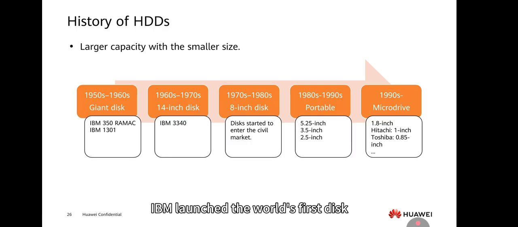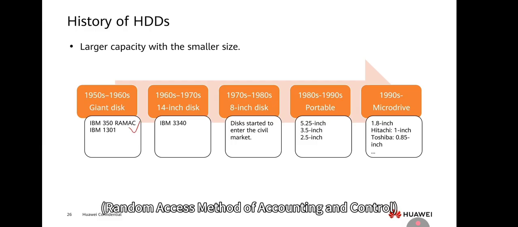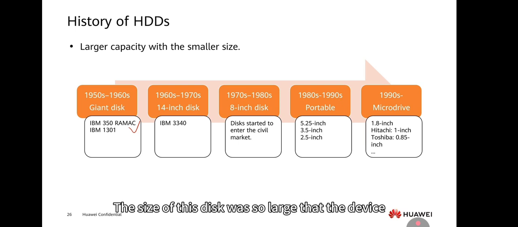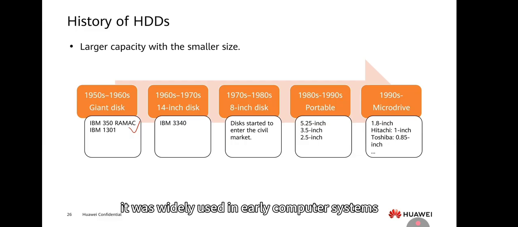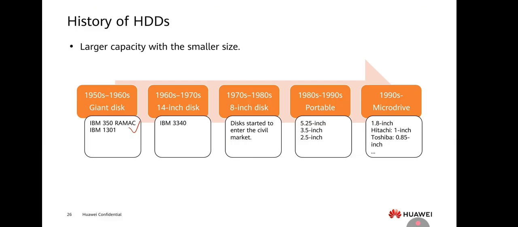IBM launched the world's first disk, known as the 350 RAMAC, Random Access Method of Accounting and Control. The size of this disk was so large that the device took up an entire room. Despite this, it is widely used in early computer systems.